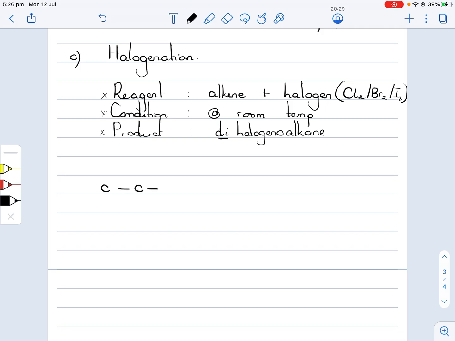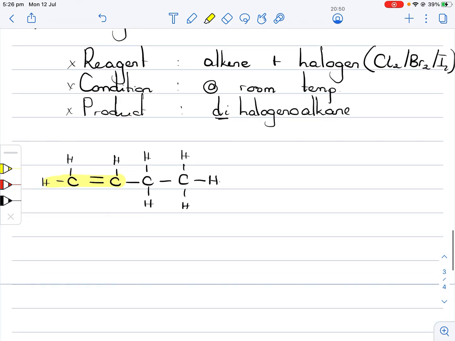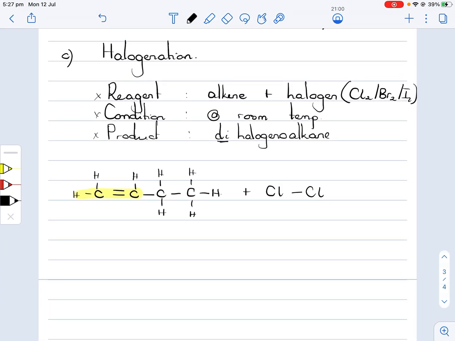So I'm going to use butene as an example so you can see what I mean when I say that the reactions only occur at the carbons that are sharing the double bond. So this is my butene. I've put my double bond between the first and the second carbon to make life easy for us. And I'm going to react this with chlorine. So the two carbons that I've highlighted, that is the only position where the reaction is going to occur.